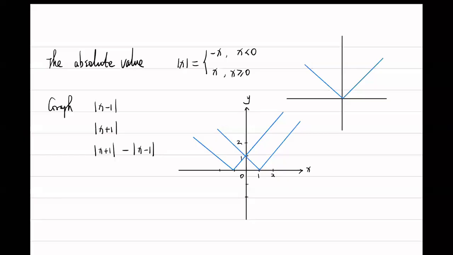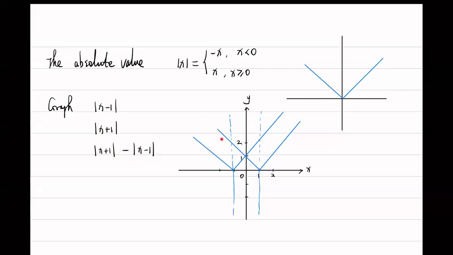Okay, now let's see what's the difference? What would you say about the difference? Let's start by graphing this directly. Let's break this into 3 pieces. When x is less than -1, the value of this function is this, and of this function is this.